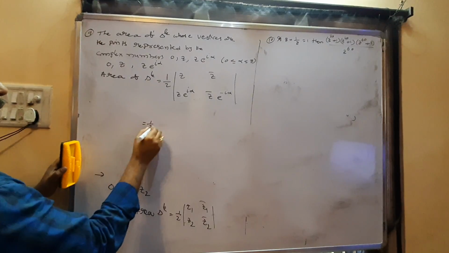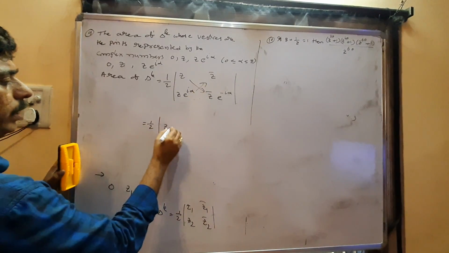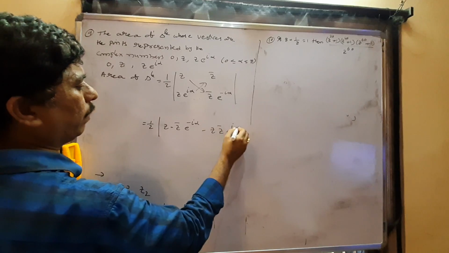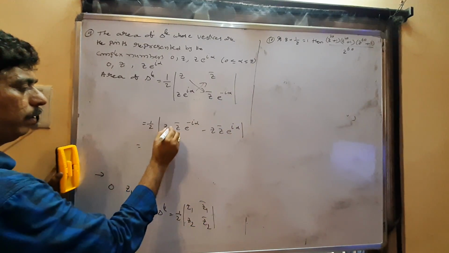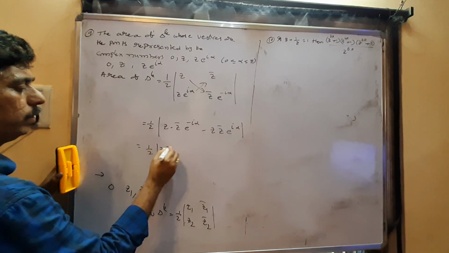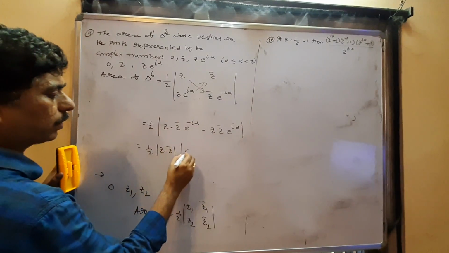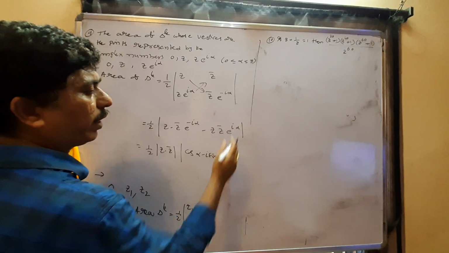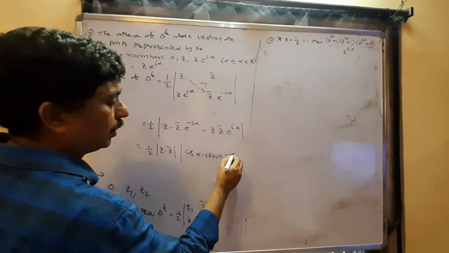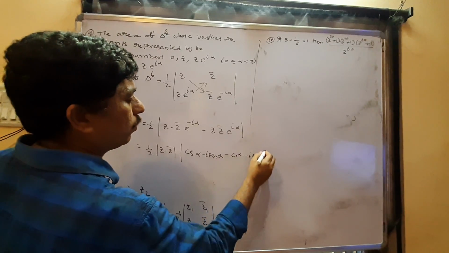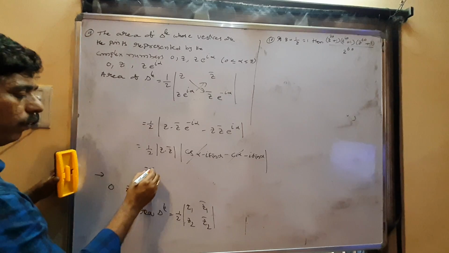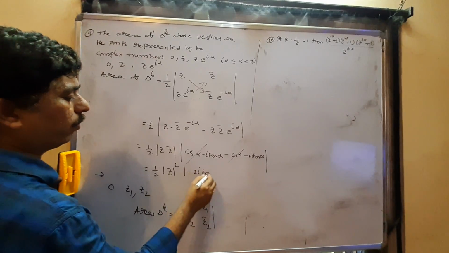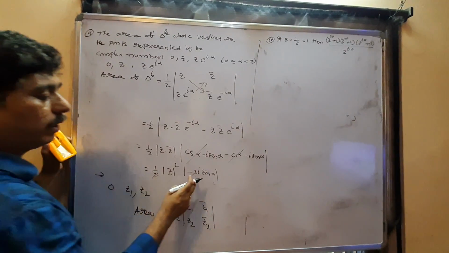1/2 times the determinant, where you find z z conjugate e^(-iα) minus z z conjugate e^(iα). Take z z conjugate common: |z|² times (cos α minus i sin α) minus (cos α plus i sin α). The cos α terms cancel. This gives 1/2 times |z|² times minus 2i sin α. The 2 cancels, and modulus of i is 1.